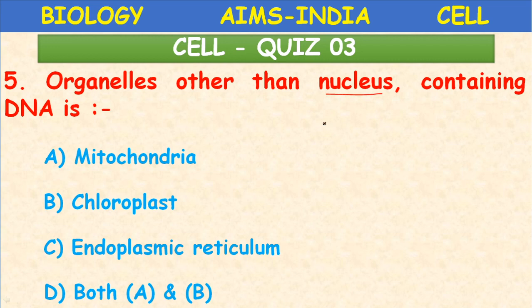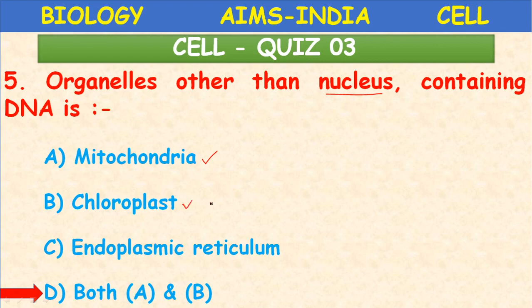Because of the presence of DNA, these organelles can replicate themselves, self-replication. That's why they are called semi-autonomous cell organelles. They are present in the plant cell. What are they? Yes, mitochondria and chloroplast.